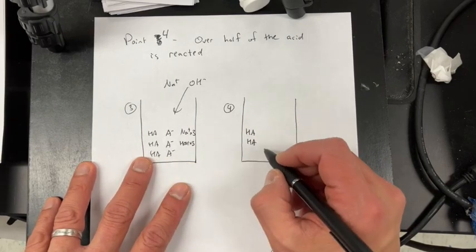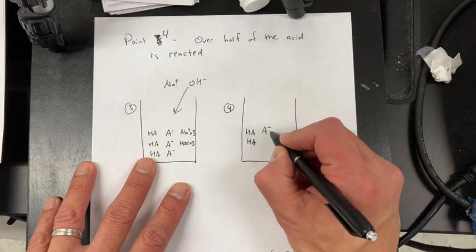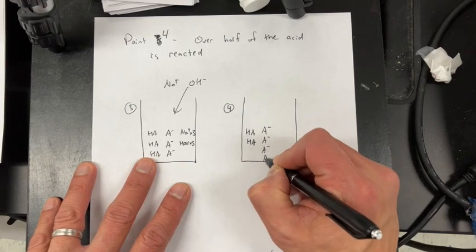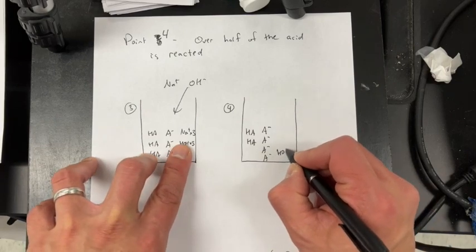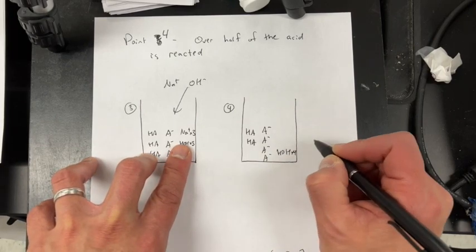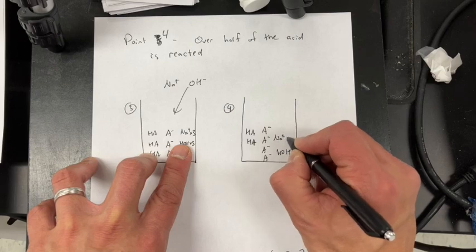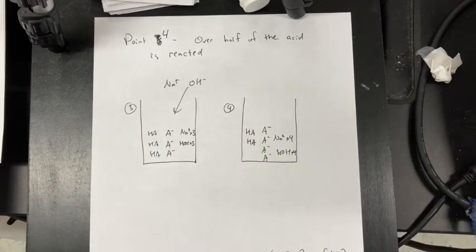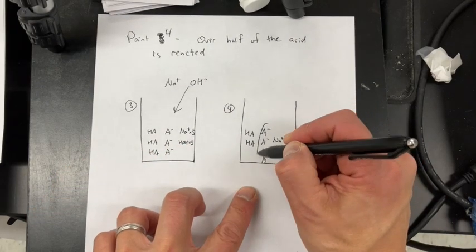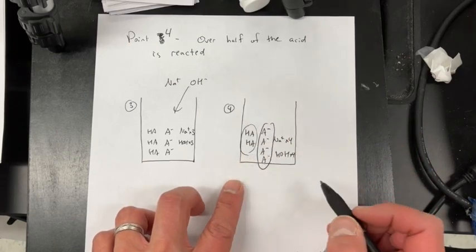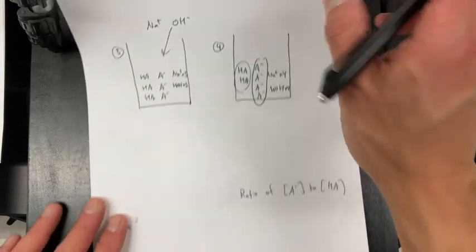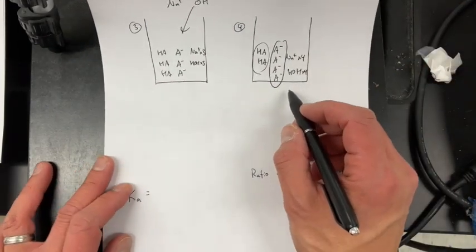I'm gonna take this and make this into another A negative. So I have 4 of them now. I'm gonna make another water, HOH times 4, and then I have Na plus times 4. Okay, so now my A negative is overpowering my HA, and I still have a buffer, but now my buffer is shifting a little bit.